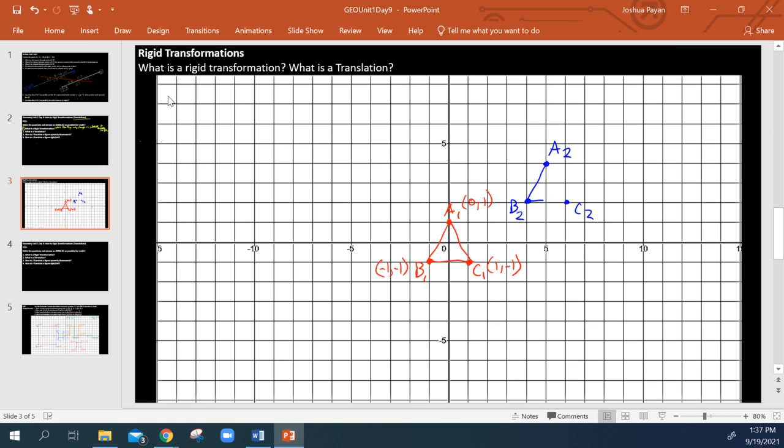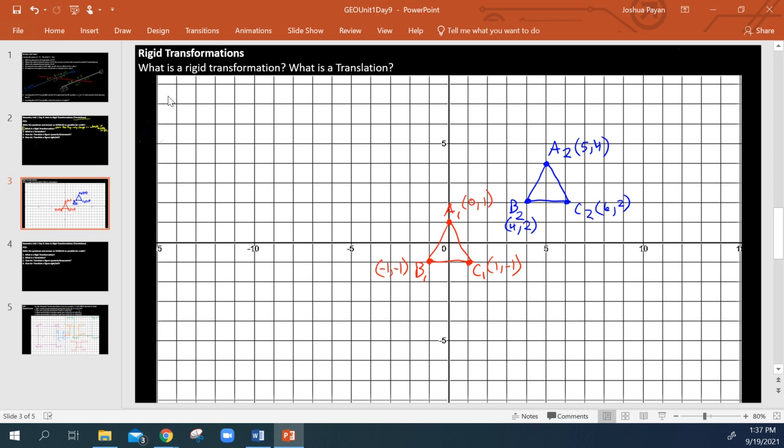Well, in 2D space, how could I explain how I did this? Well, let's look at the coordinate pairs, right? So A1 to A2. So I've got 5 by 4, right? B2 became 4 by 2. Okay? C2 became 6 by 2.